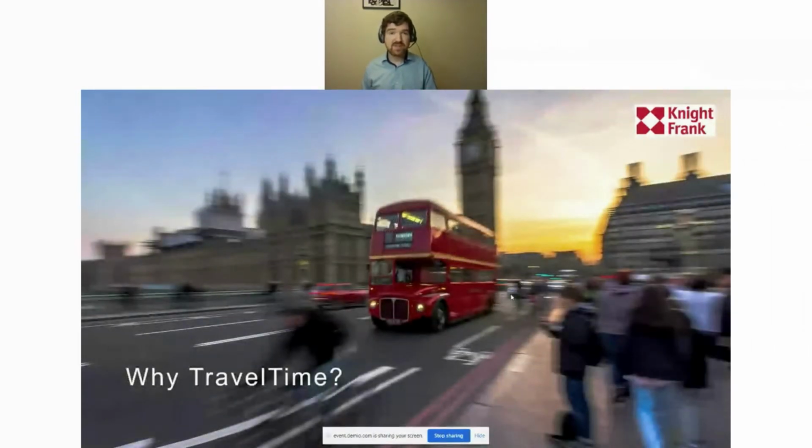So just briefly to start off with, the reasons why we chose the TravelTime Technologies platform specifically. There's quite a strong visual clue in this slide, and it goes back to what Chris was saying about the public transport analysis capability, and in particular the ability to create public transport travel time areas or isochrones, which as far as I'm aware is a unique selling point for TravelTime.